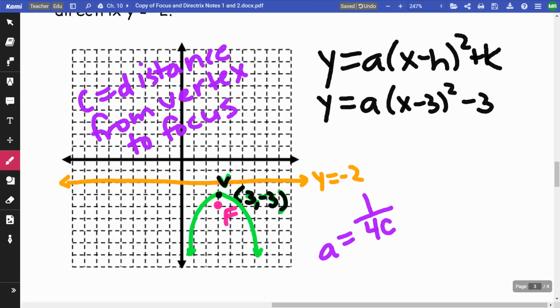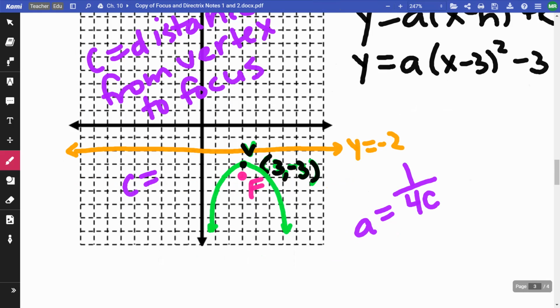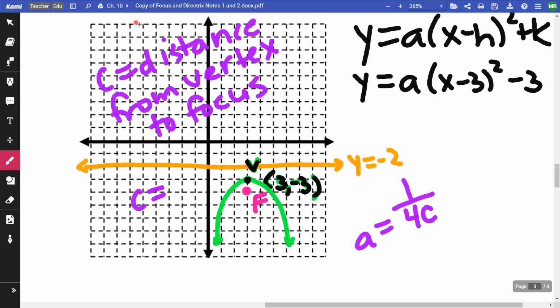So in this case, what is my c? Well, looking at my picture, here's my vertex, here's my focus. The distance from here to here is 1, but I'm going to say -1 because I'm also going to give direction to it. So my c is -1. So what does that mean?